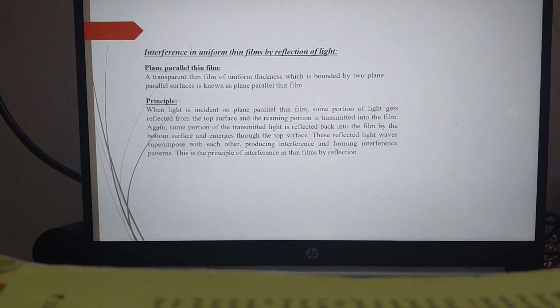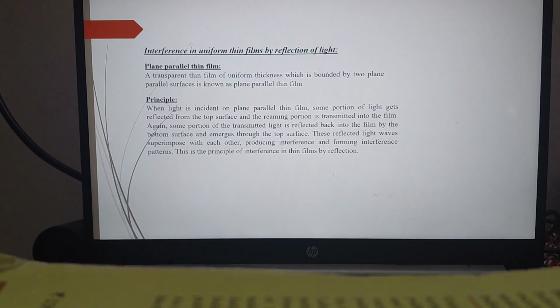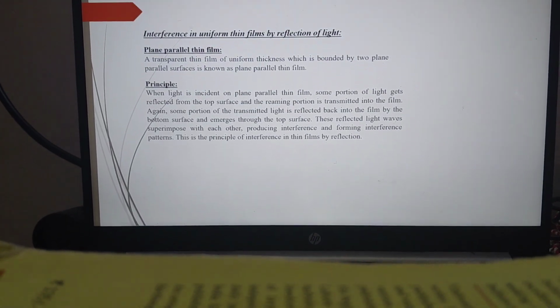Before going to reflection of light, let us know what a parallel thin film is. A transparent thin film of uniform thickness which is bounded by two plane parallel surfaces is known as a parallel thin film.